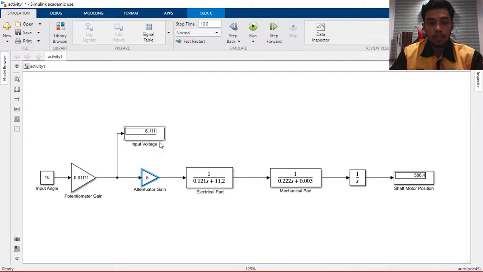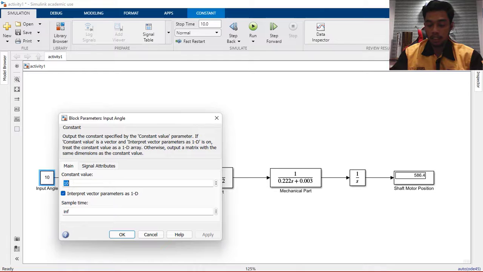It can be observed that the voltage increases from 3 point something to 6.111, and the shaft motor position also increases from 58.64 to 586.4. What will happen when we test it in the anti-clockwise direction?